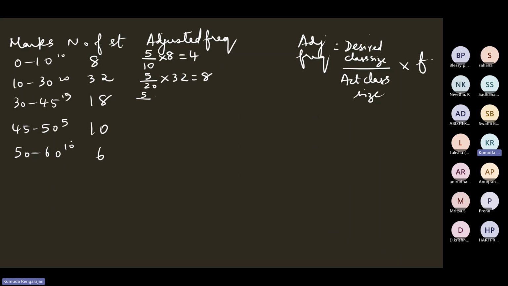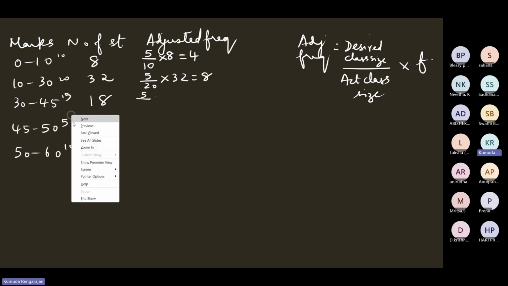Here it is 10. This is the smallest, so that is your desired class size. Actually, you can take anything, not that you should take the smallest only. We normally take the smallest.